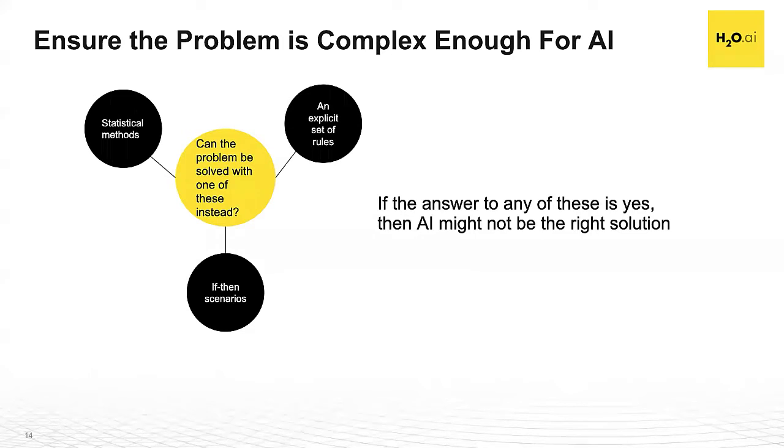A rule of thumb might be, if you can explain exactly how to solve a problem using some sort of rule and equation, then the problem might be too simple to require AI. So let's talk about a few examples for a moment, just something to chew on.